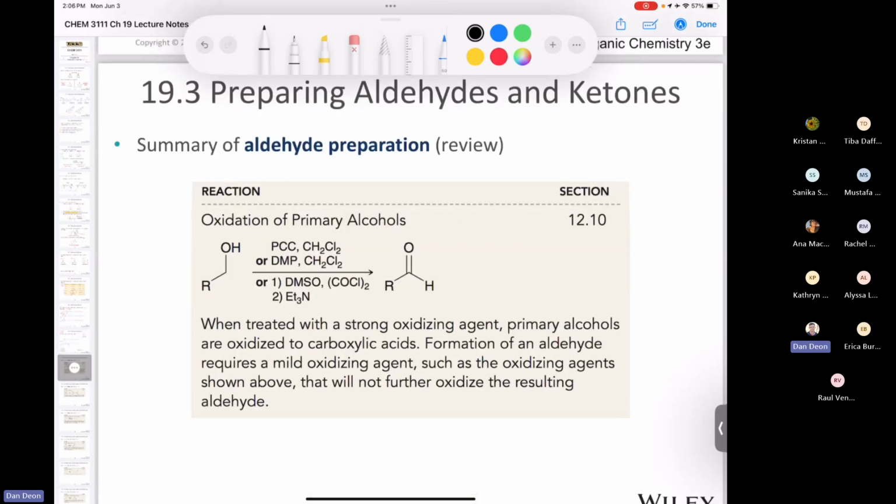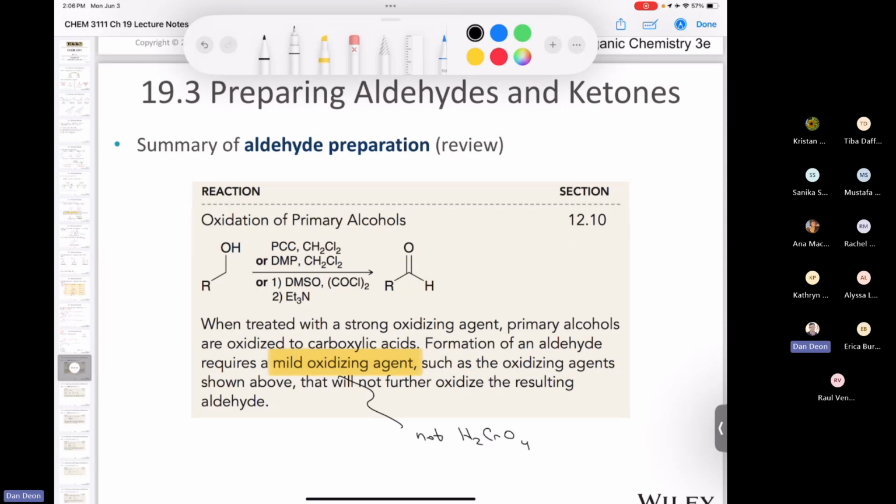So a summary of aldehyde preparation. If you have a primary alcohol and you use a mild oxidizing agent, all that means in this class is not chromic acid. Don't use chromic acid.